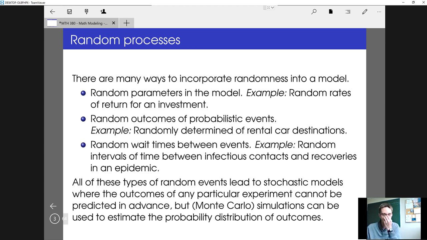Okay, so we can think about our outcomes as being random, and sometimes you can even use deterministic models to describe the probabilities.